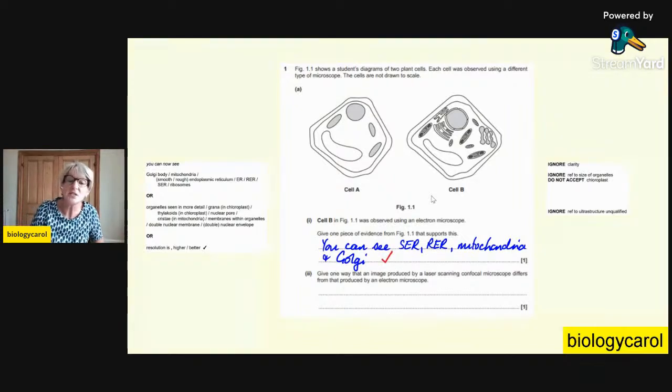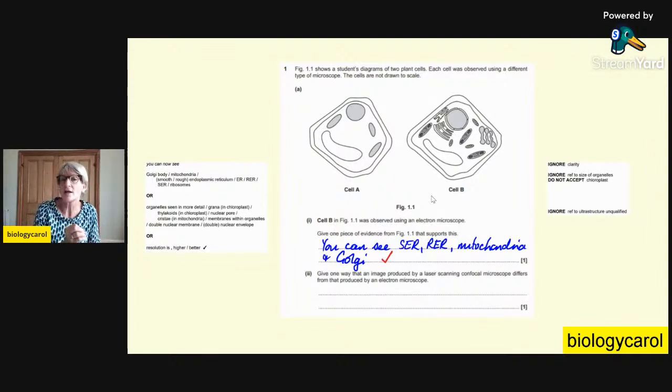Find one way that an image produced by a laser scanning confocal microscope differs from that from a light microscope. Now, the obvious thing to me, remember that a laser scanning confocal microscope can actually see things and pick things up at different depths throughout the cell.